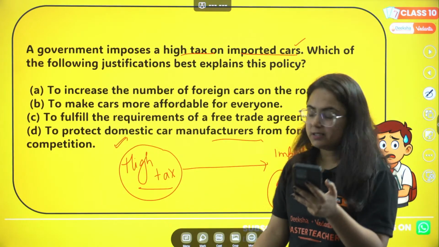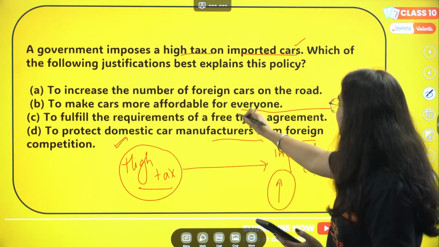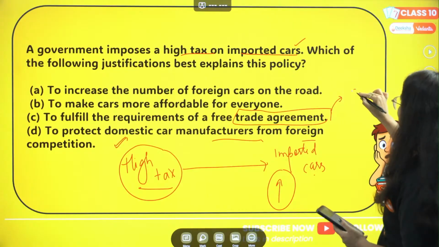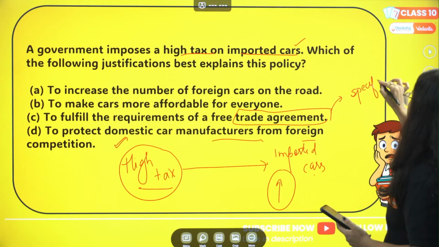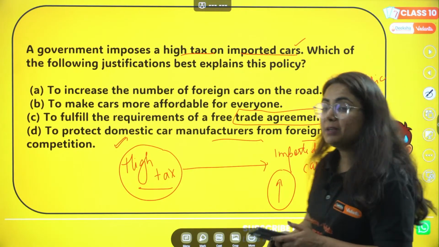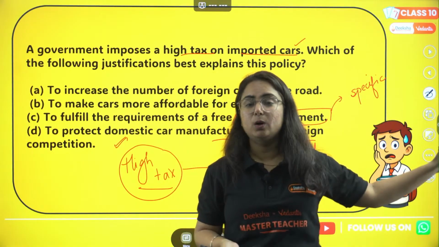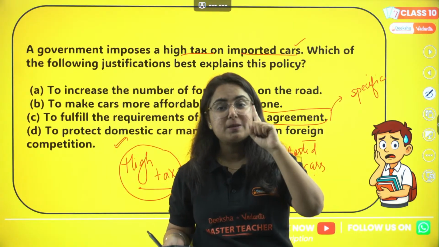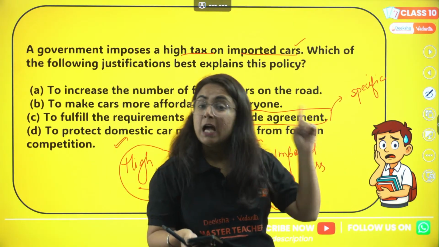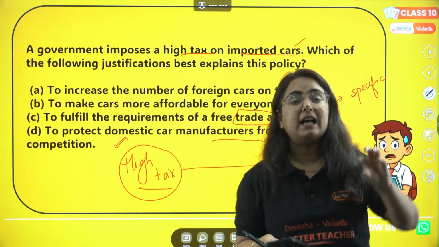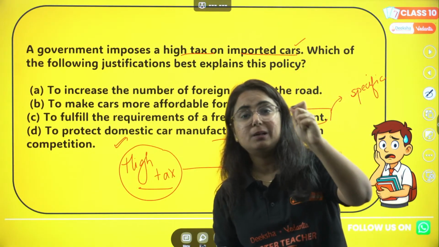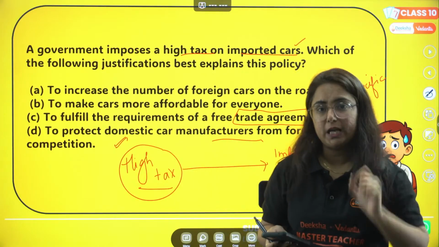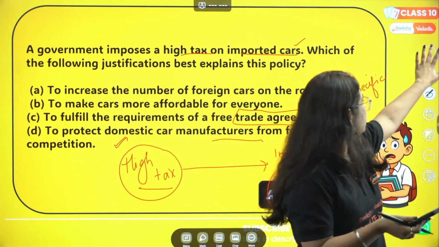However, if you are thinking of C, pay attention, it is related only to some specific countries and not all of them. We don't have trade agreements with all the countries in the world. So here we are talking about a general perspective, not a particular perspective. Whenever you answer, the option should have a general perspective rather than a particular one. Okay, so this is it.